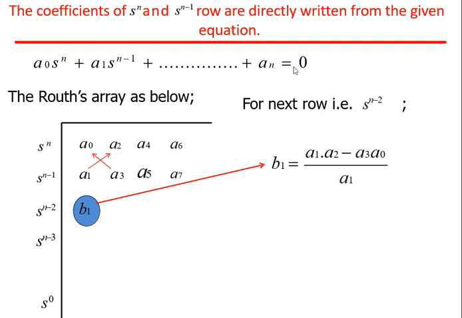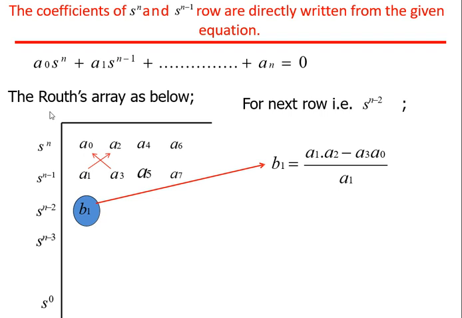And as discussed earlier, the rows are s raised to n, s raised to n minus 1, up to s raised to 0, based upon the equation given by the examiner. First, for s raised to n, that is the first row, and for the second row, that is s raised to n minus 1, we have to directly write the coefficients from the equation.